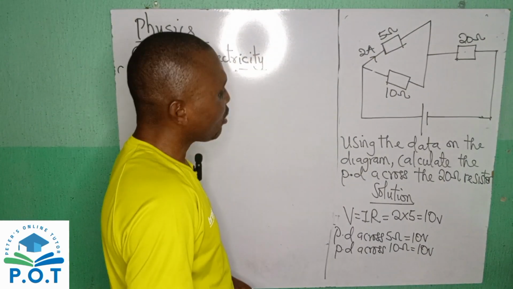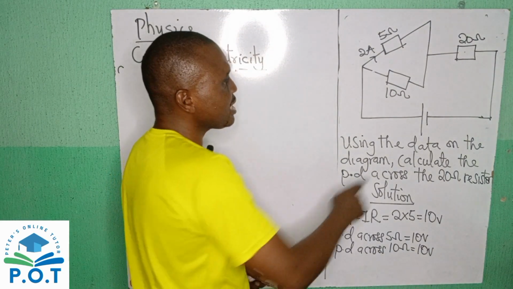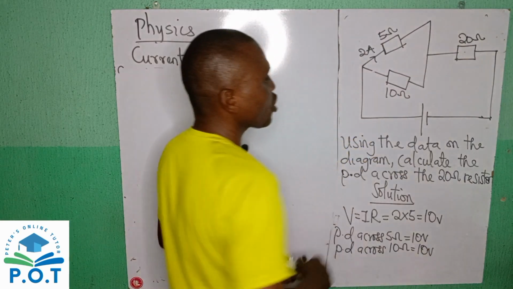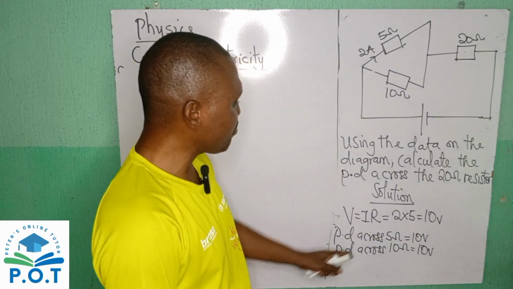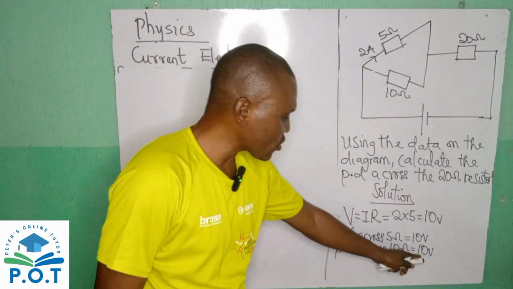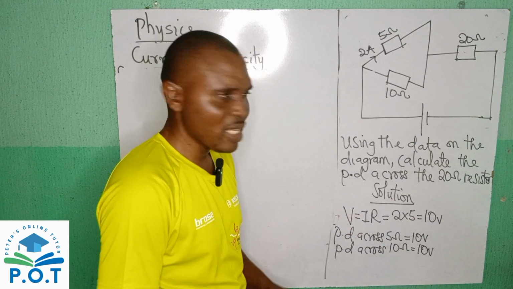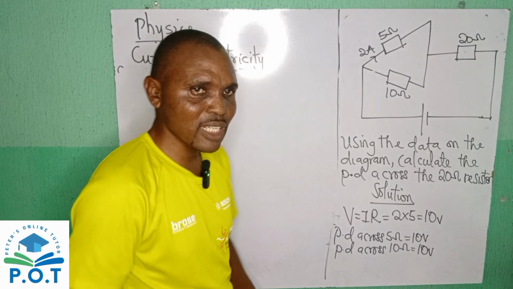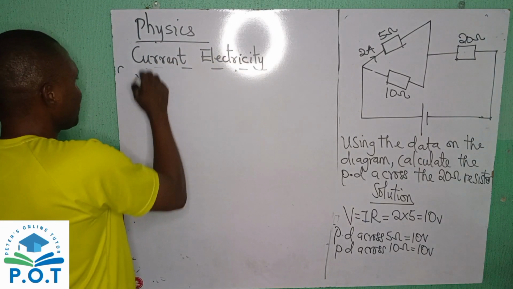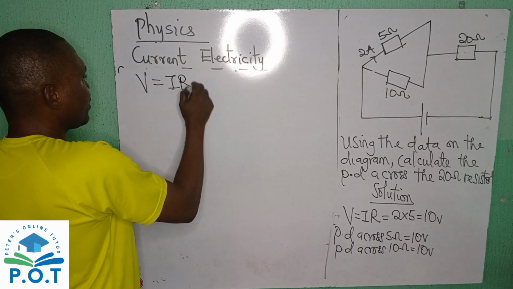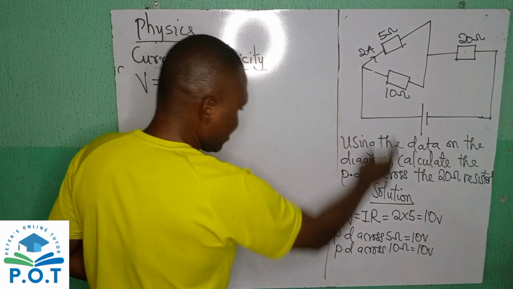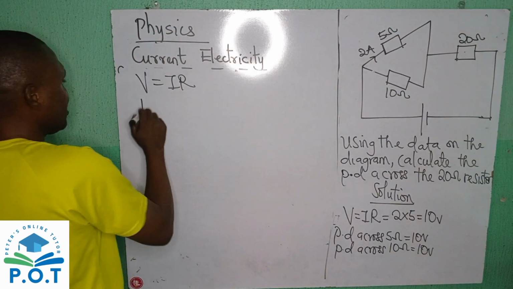All right. Now, the question says I should get the PD across these 20 ohms. Since I have the PD across this 10 ohm as 10 volts, can't I get the current? Of course, I can. Let's get the current across this 10 ohm resistor. V equals IR. V across this 10 ohm is 10.